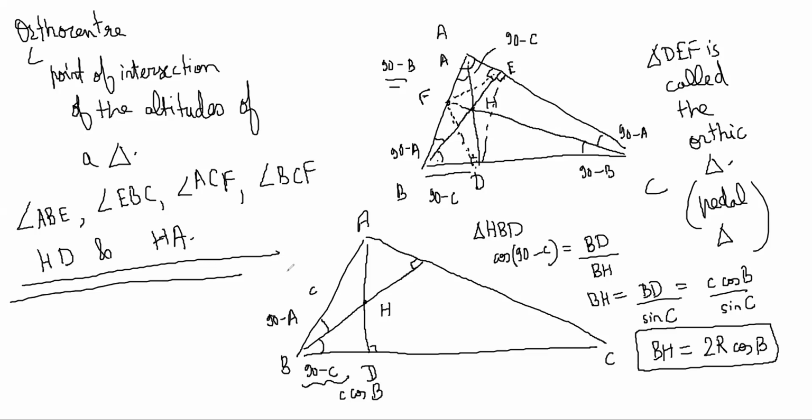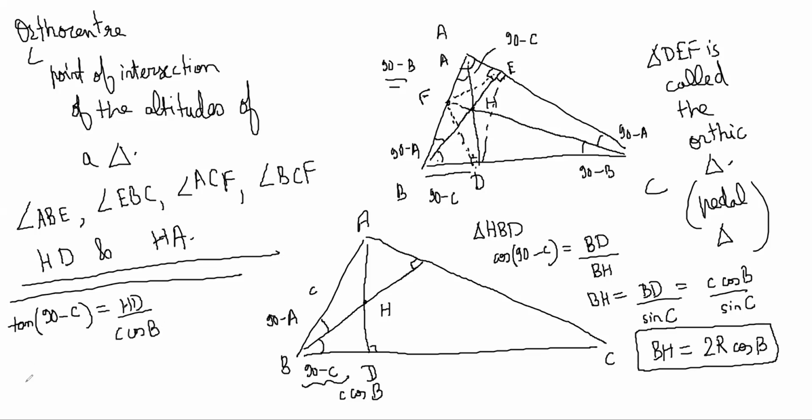So HD also we can do the same way. Say tan of 90 minus C is equal to perpendicular by base. So HD by BD, which is c cos B, right?